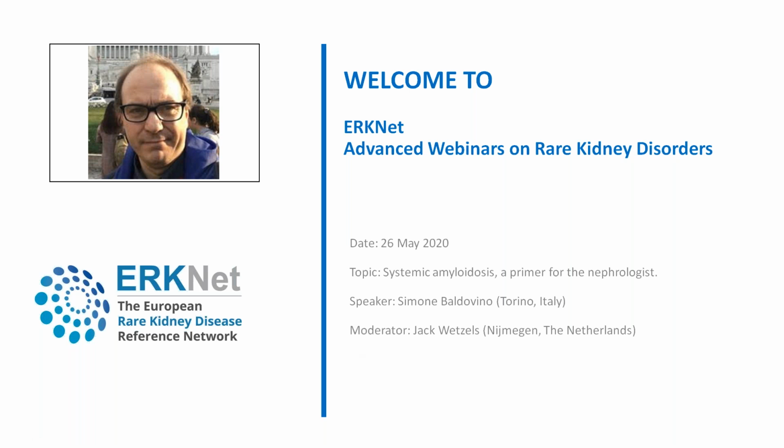Thank you all for being here this afternoon, attending this webinar about a pathology followed typically by adult nephrologists, a pathology that we share with many other specialists, such as hematologists, immunologists, cardiologists, and that is treated by at least 2 other European reference networks, such as RITA and ERKNet.